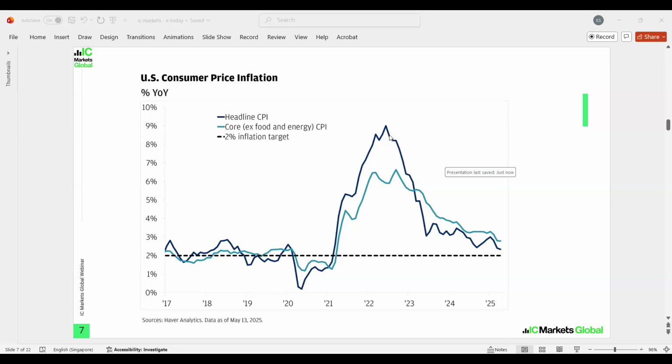Now, on the surface, that might sound like basic economics, but in trading, CPI is extremely, extremely important.